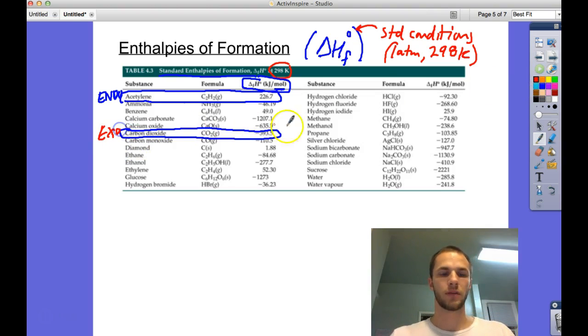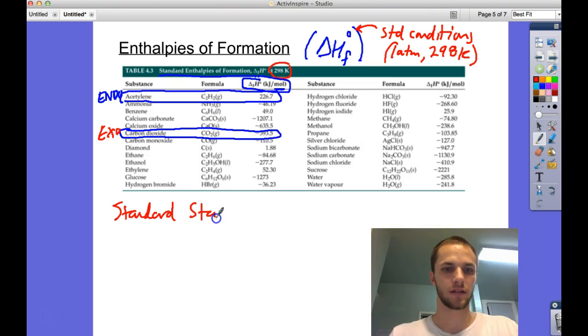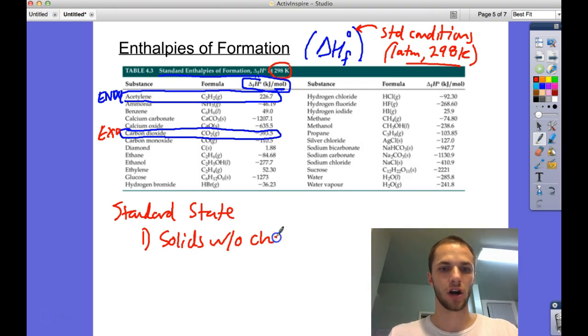There are some compounds whose enthalpies of formation you need to know, because we have set a standard as chemists for what they are. These are compounds in the standard state, meaning elements as they exist naturally at standard conditions. For example, standard states are solids without a charge.